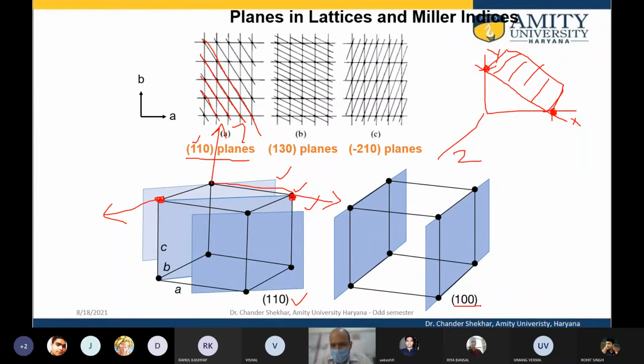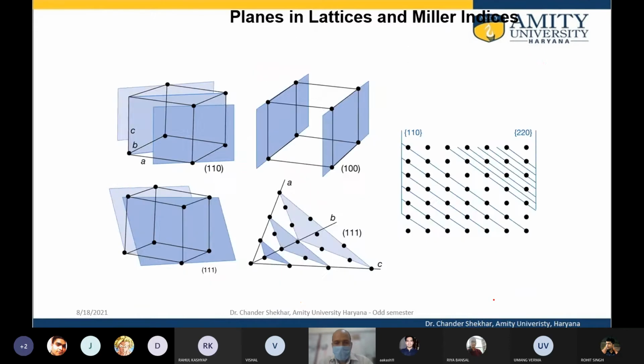Similarly for the 100 plane, it intersects only the x-axis at the unit translation vector, one atomic distance you can say, and it is parallel to the y-axis and the z-axis.